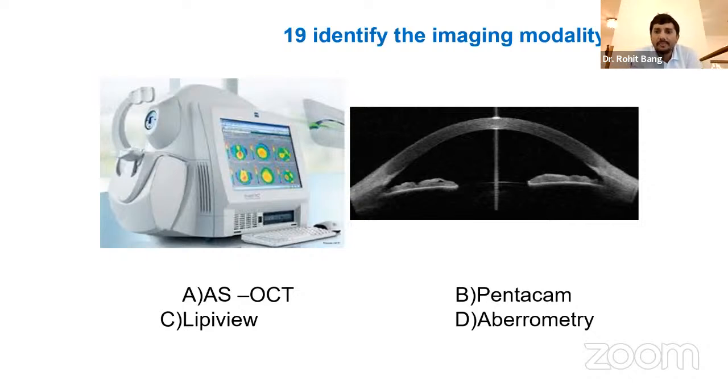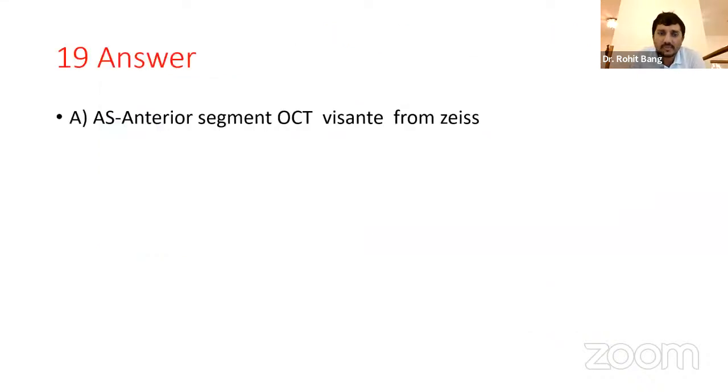It shows a nice corneal section. It shows the iris. It shows the angles also, as you can see in the other photo. So yes, it is an AS OCT, the anterior segment OCT from Visante, particularly from Zeiss.